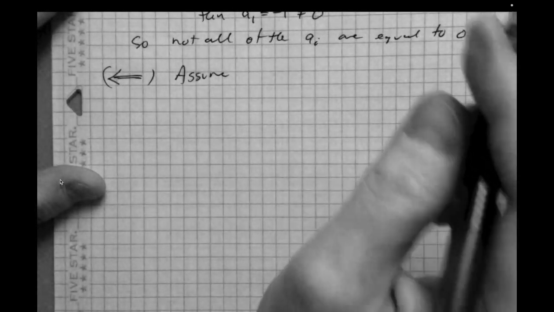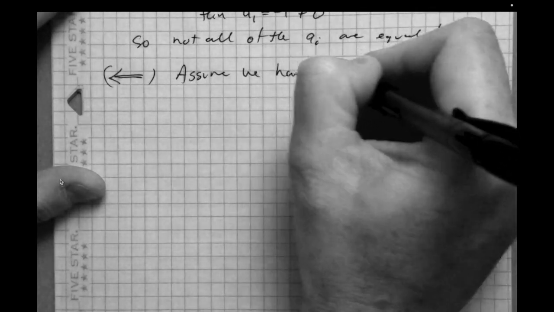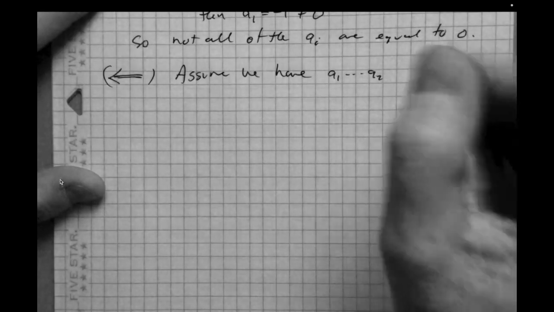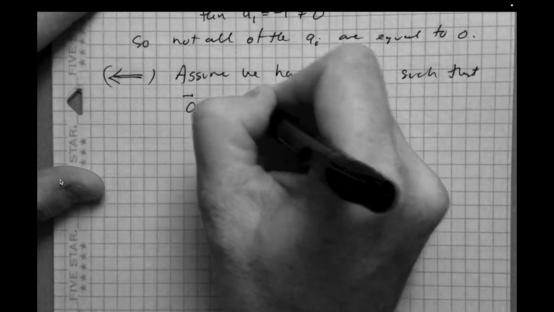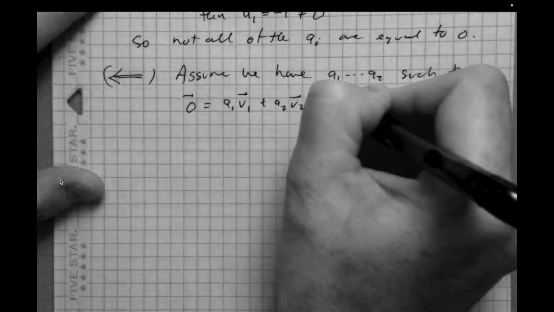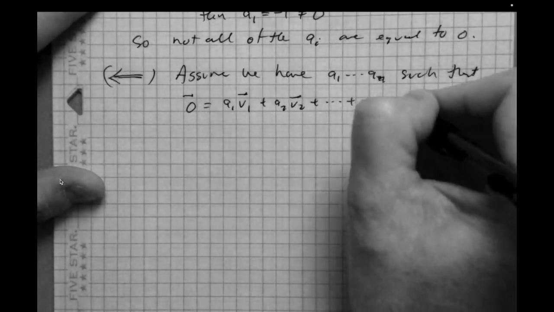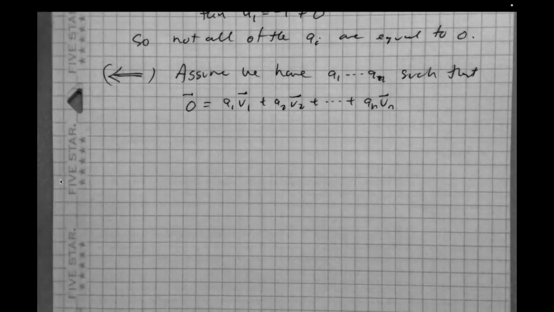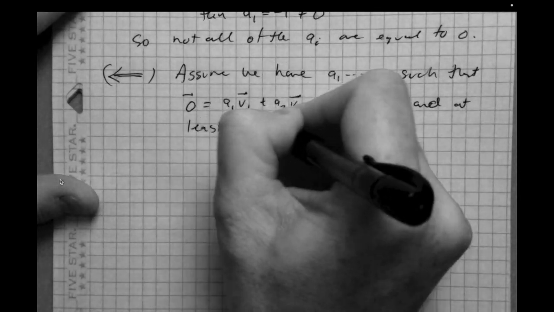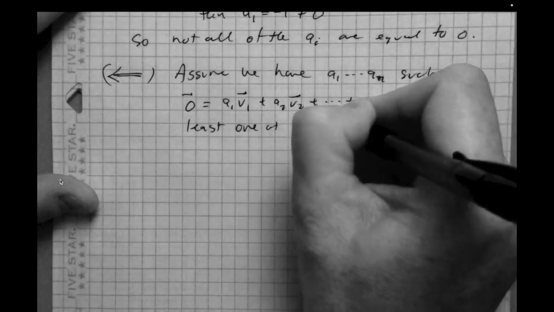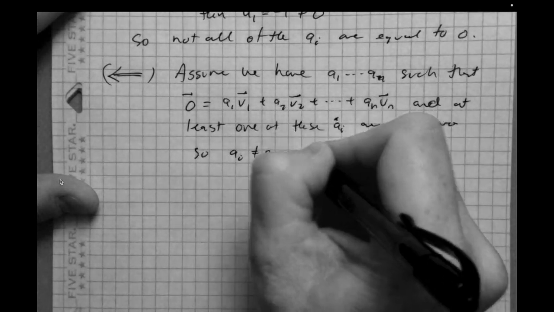For the other direction, let's assume we have a1 through an such that 0 equals a1v1 plus a2v2 plus ... plus anvn, and at least one of these ai is non-zero. So ai is not equal to 0 for some i.